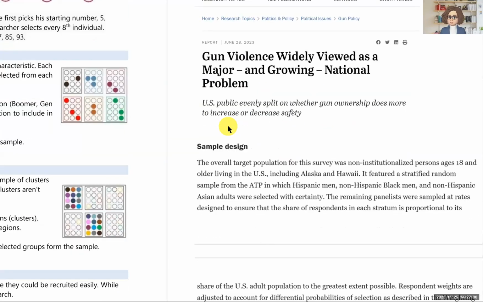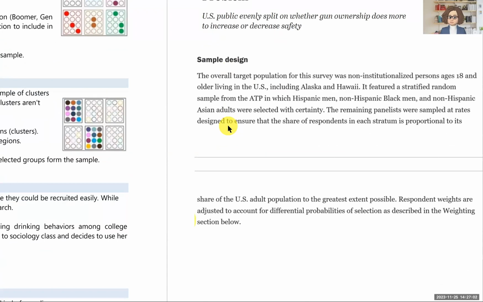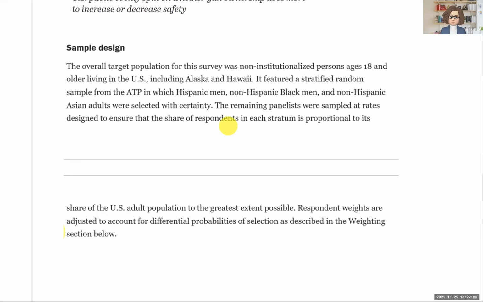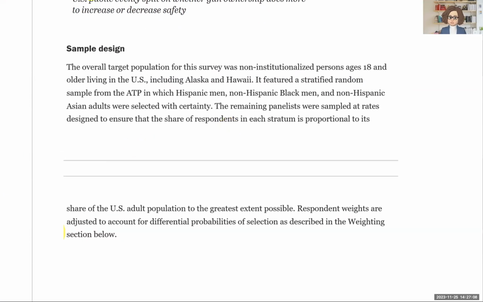So I had mentioned at the start of chapter 1 that they had collected data from a sample of Americans. And now I just want to point out here, this is what they mentioned in the article about their sample design. So their overall target population for the survey was non-institutionalized persons ages 18 and older living in the United States, including Alaska and Hawaii.